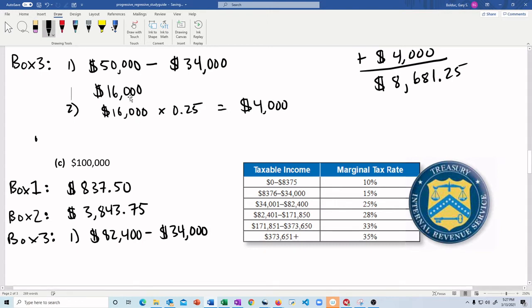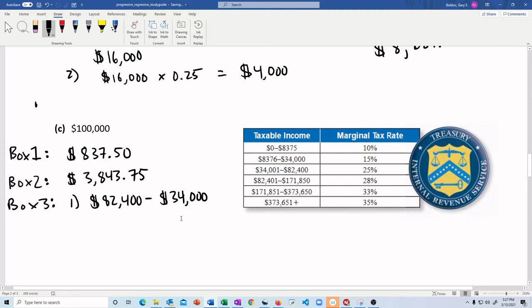You've already been taxed on your first $34,000. So we just go into our calculators, we type in 82,400 minus 34,000, and that gives us $48,400. That is what is getting taxed in box 3.